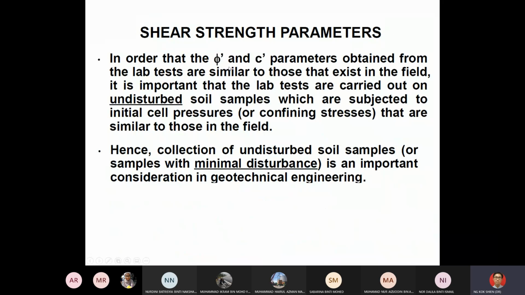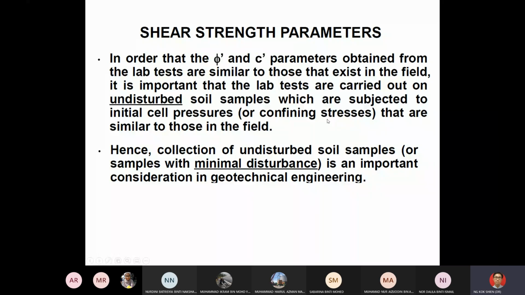In order that the friction angle and the cohesion parameters obtained from the lab test are similar to those that exist in the field, it is important that the lab tests are carried out on undisturbed soil samples, which are subjected to initial cell pressure similar to that in the field. Cell pressure is also called confining pressure or confining stress.